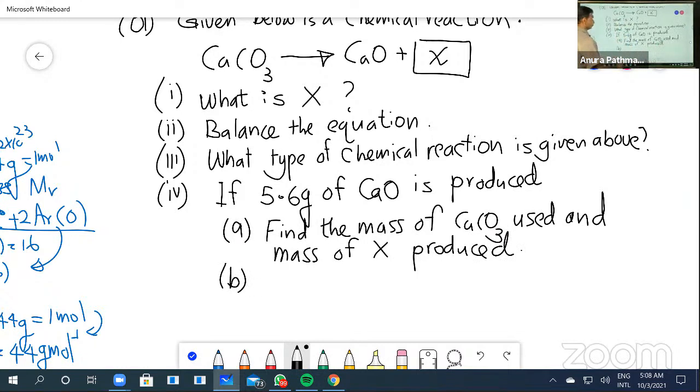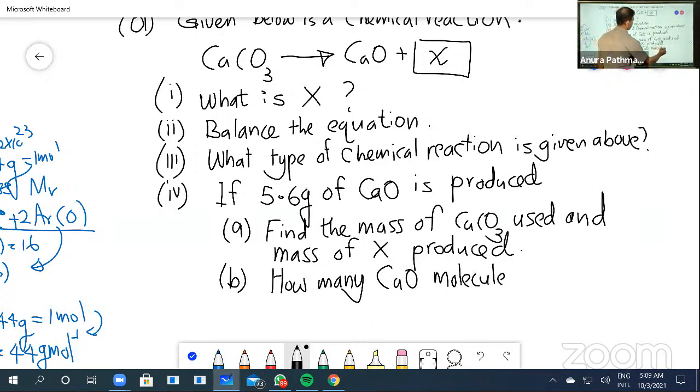Simple B: how many CaO molecules are there?